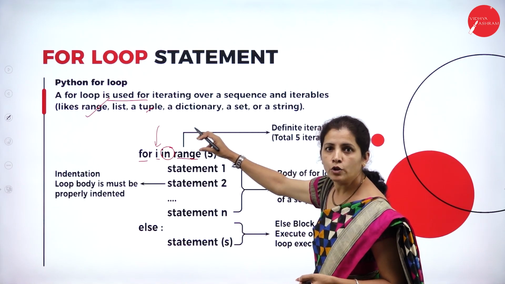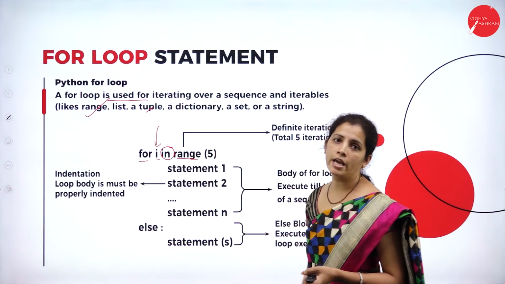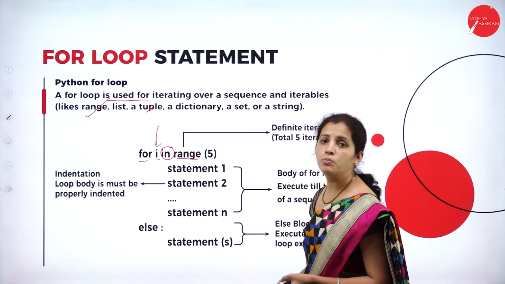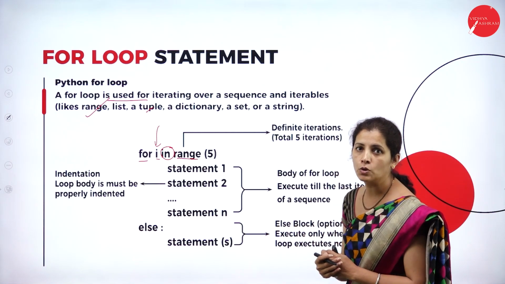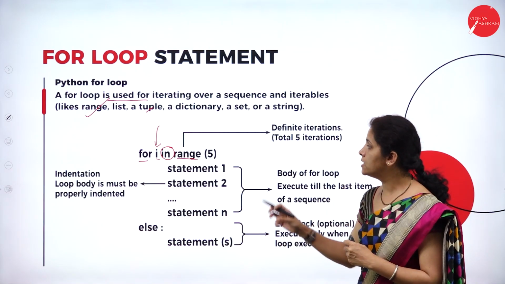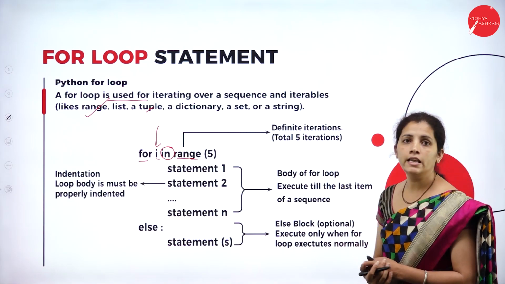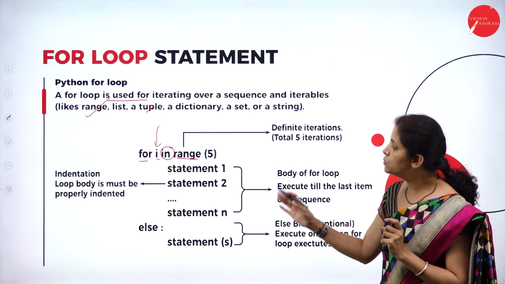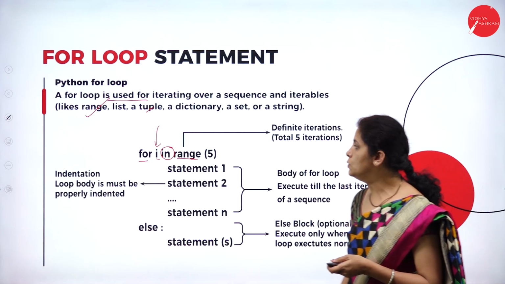I'm going to specify the number of the sequence by using the range function. In my for loop, I can have the if statement also. So I can club the if statement in the for loop. Otherwise, I can directly go with the for loop. So without using an if statement, I can write the for loop.